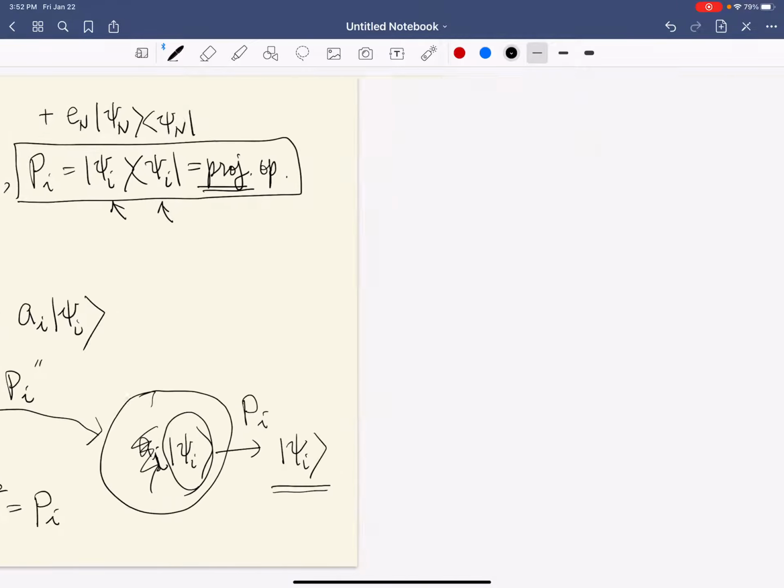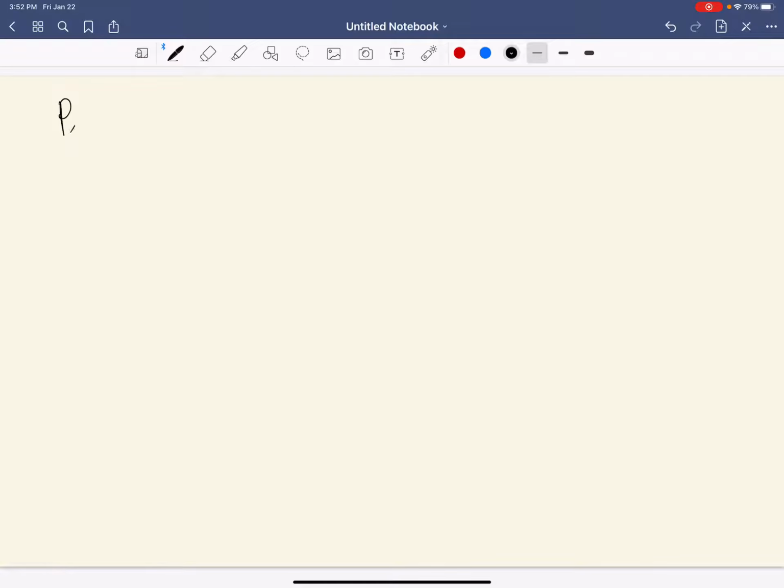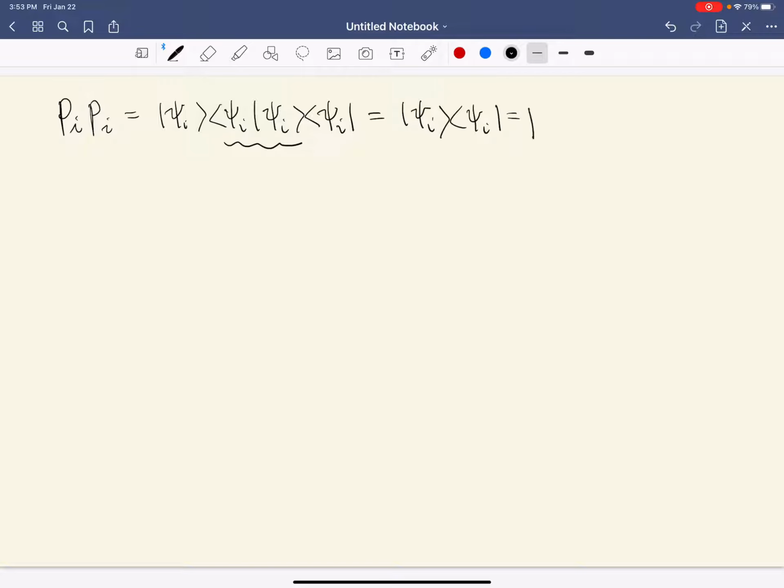The way you can prove it is, if I take the square, then what I'm doing is basically this, but this is 1, so I have this, which is just the projection operator. Now, another interesting thing is if I project onto two different sectors at the same time, then let's see what we get.